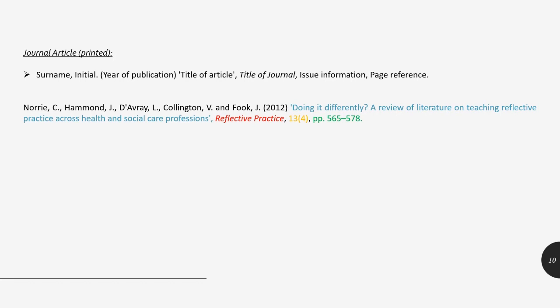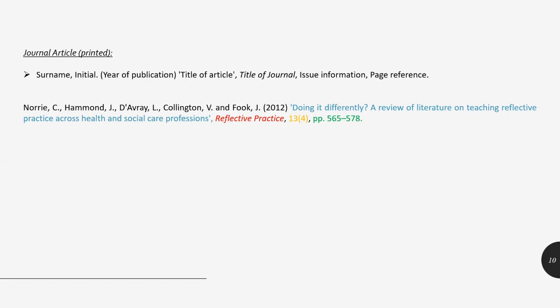And one more thing I would like to point out, whenever you're using articles, whether it is a printed or an electronic article, the title of the journal is always in italics. You're going to see more examples when we move on. So we have the title of the article, followed by the title of the journal, issue information, and page reference.